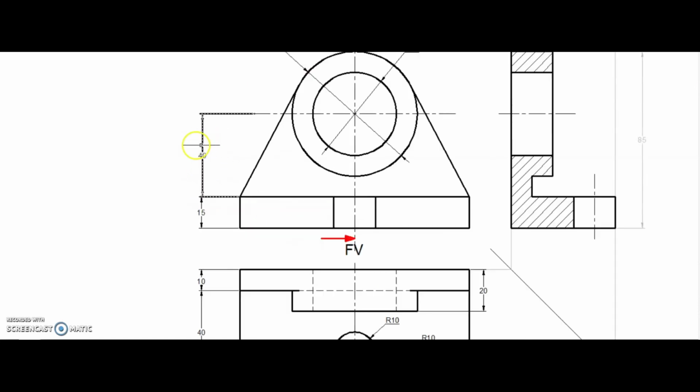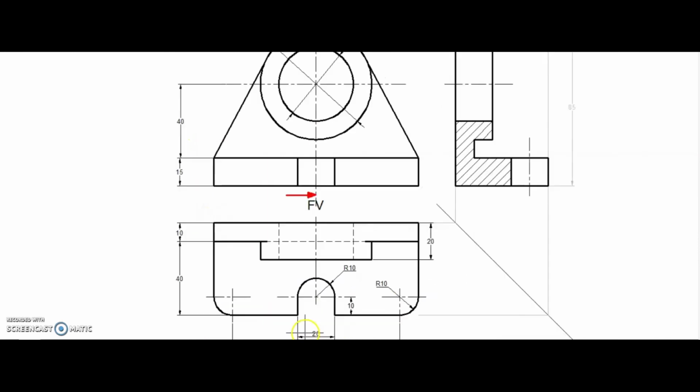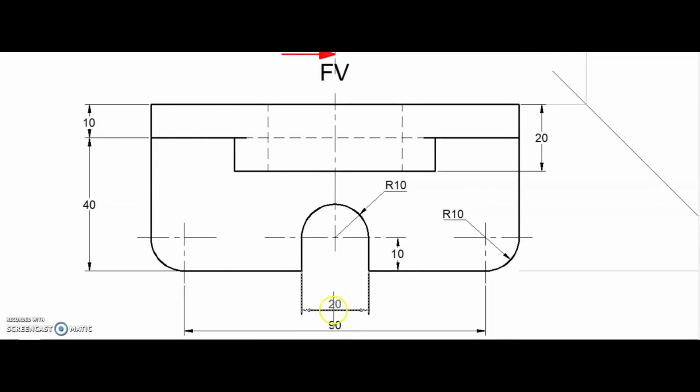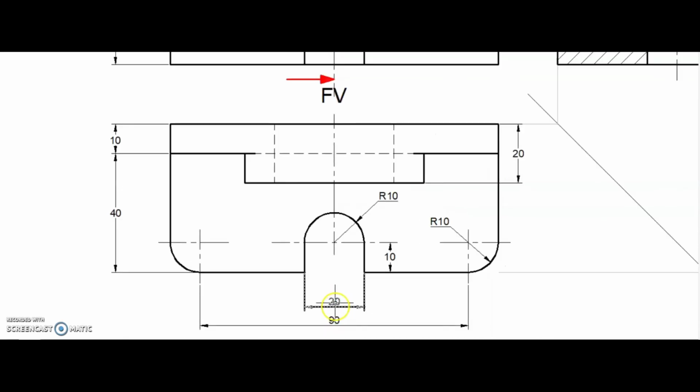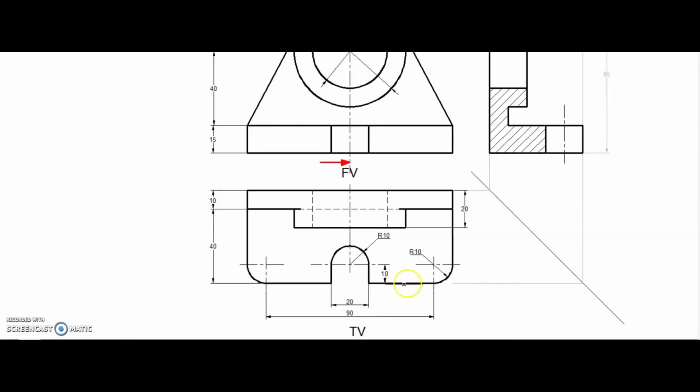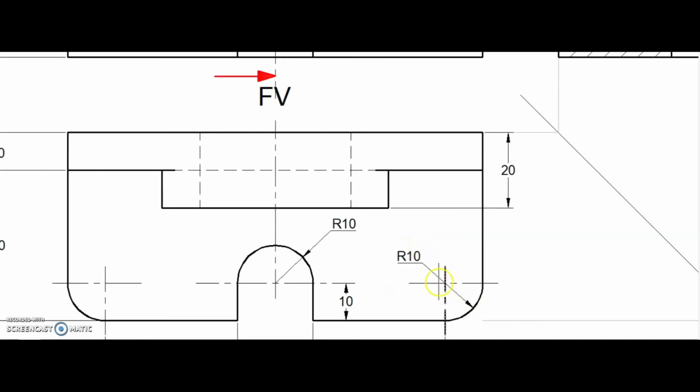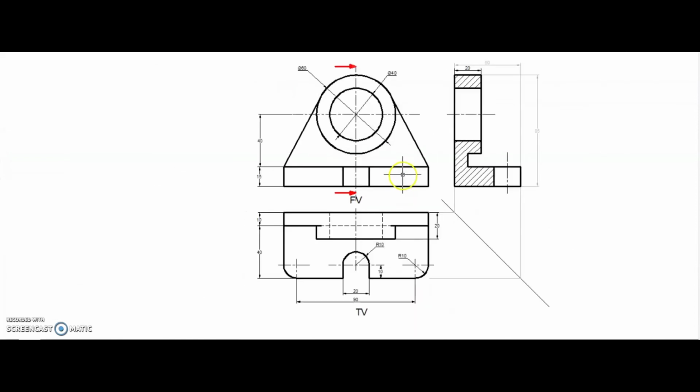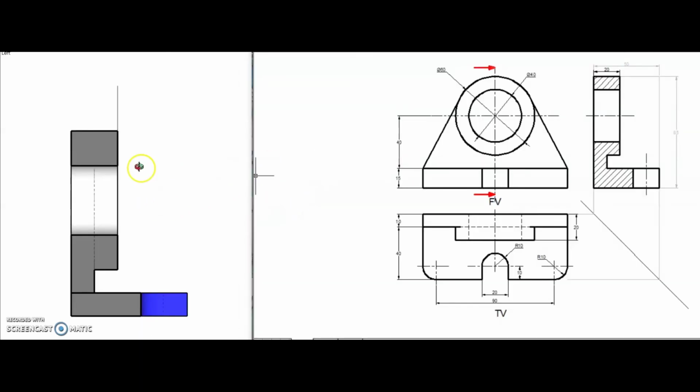All these are vertical dimensions. You can write them like this one. Carefully observe the horizontal dimensions. All these dimensions are placed above the dimension line. Carefully observe this dimension of the curve or circle. This is a leader line, and on this horizontal line place the dimensions. So in this way our side view is completed.